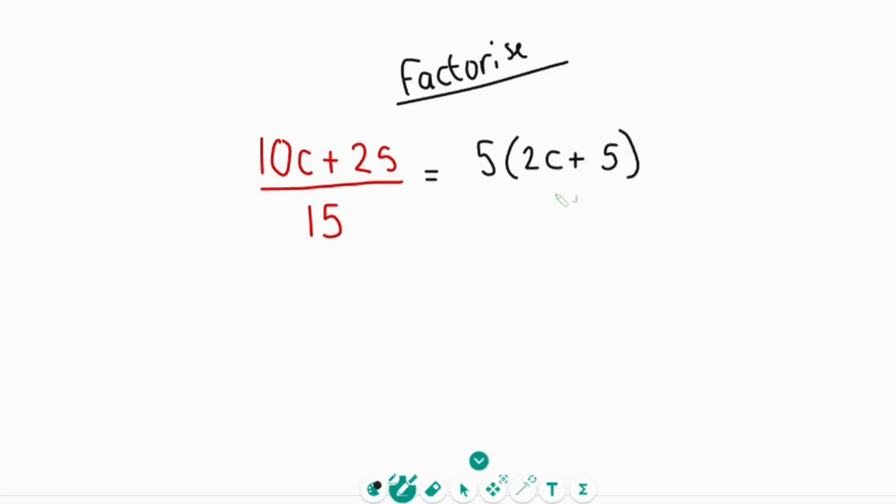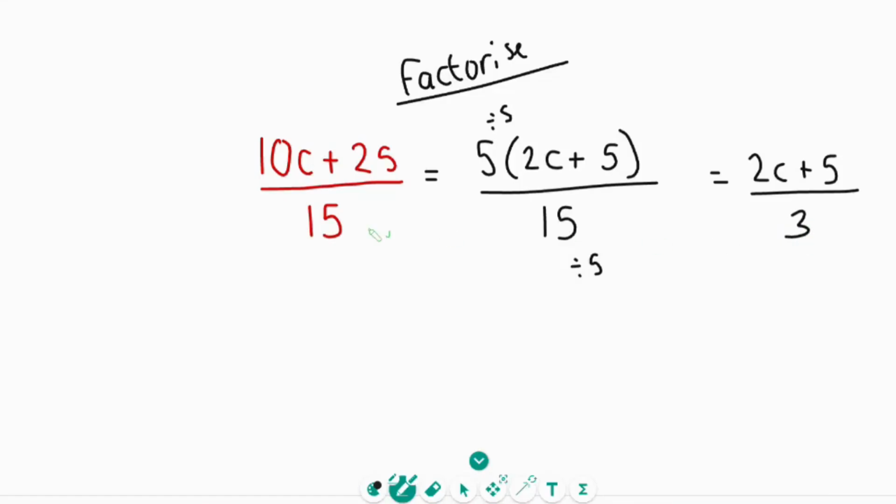And then we can see on the numerator and denominator we have 5 as a common factor, so we divide them both by 5. That gives us 1 multiplied by 2c plus 5, which is just 2c plus 5, and 3. In this example, really, what we could have done is divided everything by 5. That's another thing you might get into the habit of doing. As you can see, we get the same answer.